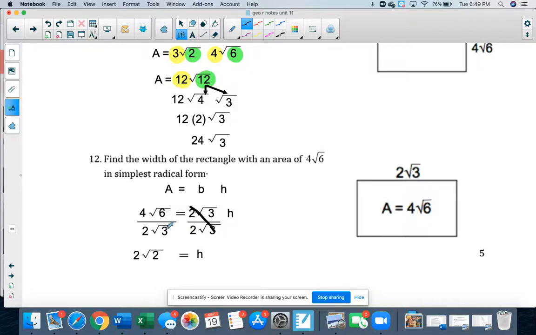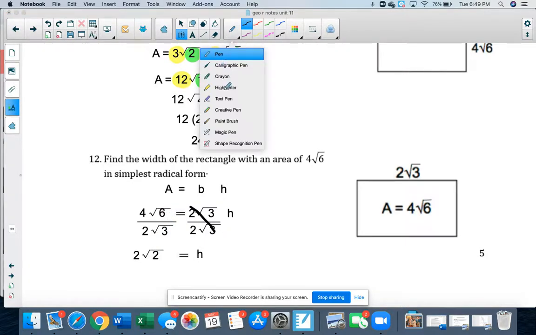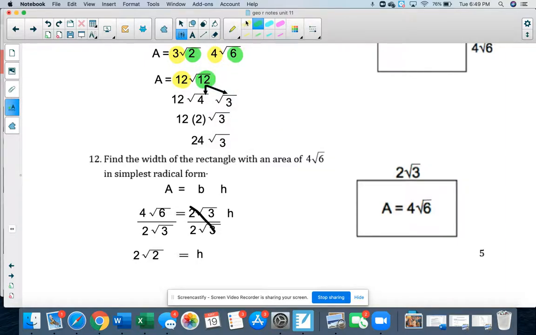And radical 6 divided by radical 3 is radical 2. Okay, so that's a little bit of working with these radicals in geometry, just so you can see where those numbers come from. I divide the coefficient, that number stays out in front, and I divide the numbers under the radical. That can't be simplified, so that's just your answer.